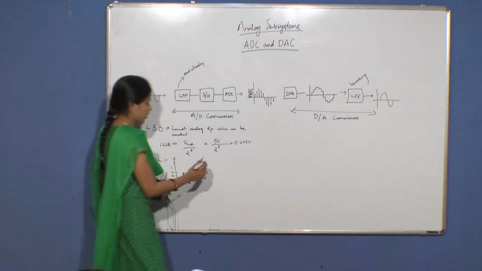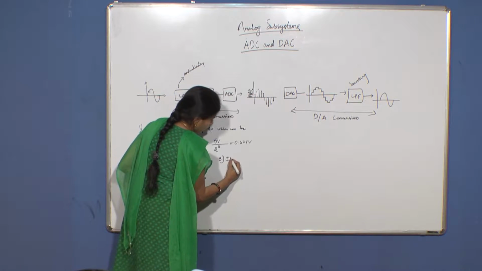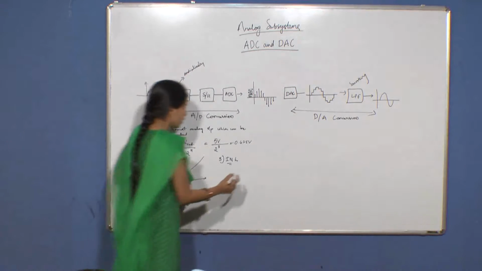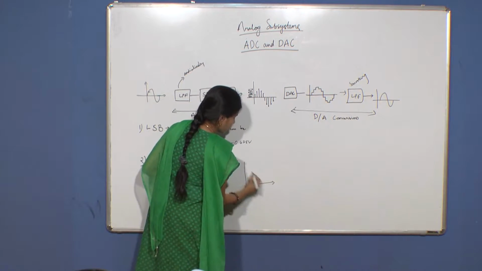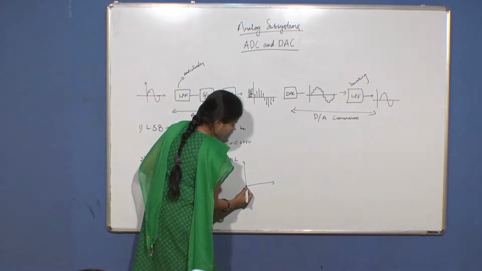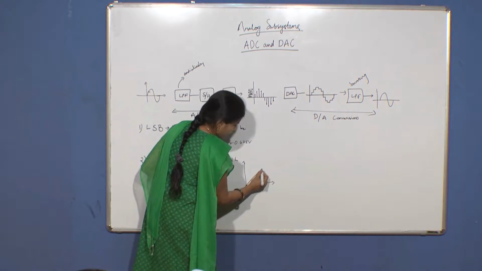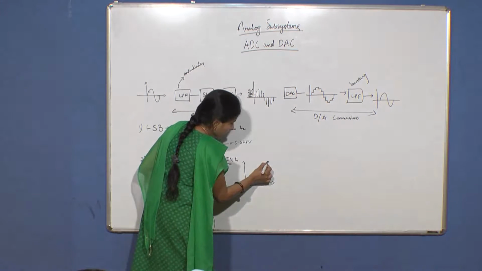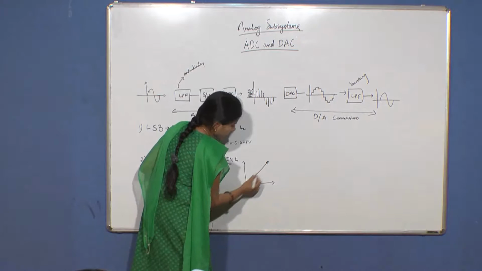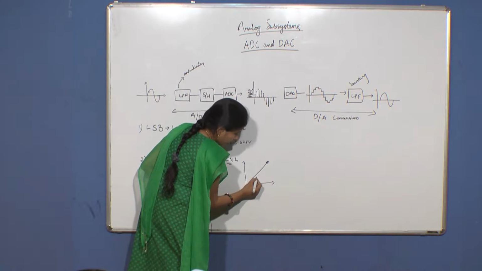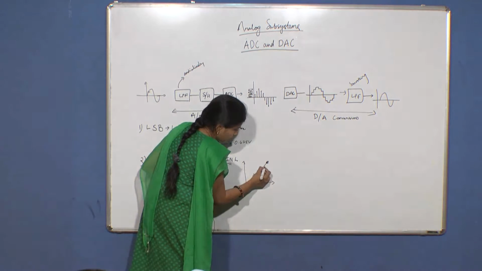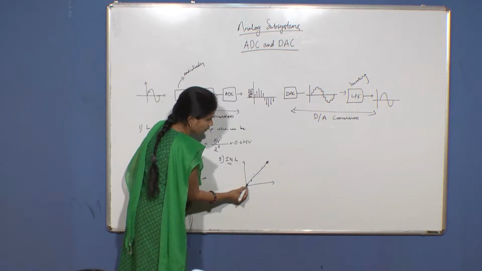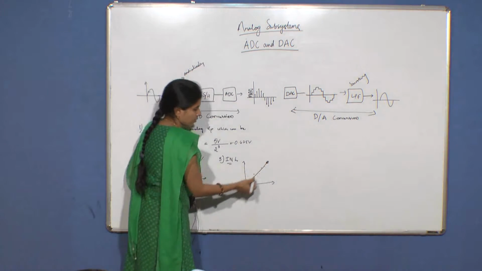Next, coming to the integral nonlinearity, it is specified as the difference between the straight line drawn joining the first and the last outputs, and the actual outputs. Let us say you have outputs like this. So you have a deviation from the straight line which is drawn from the first output and the last output.